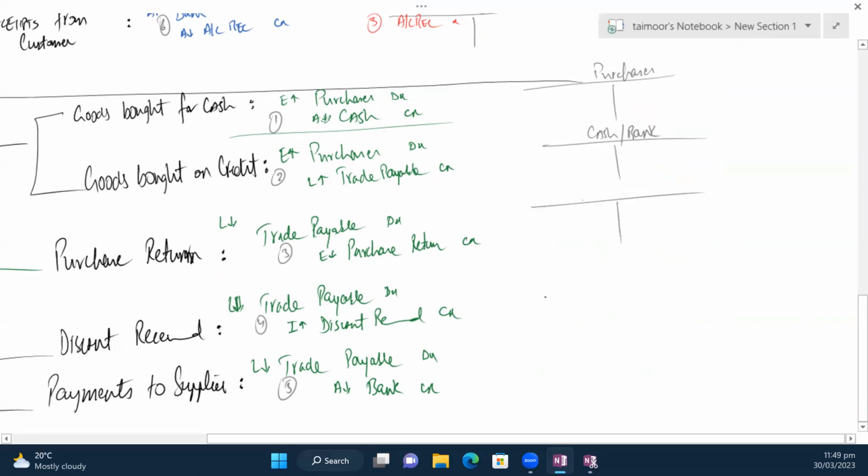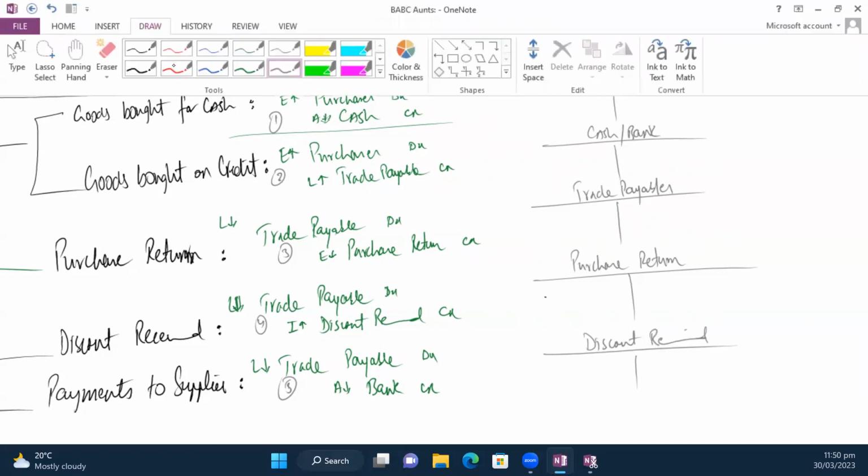The third ledger account will be for trade payables. The fourth ledger account is purchase return and discount received. I think we have covered all the ledger accounts over here.